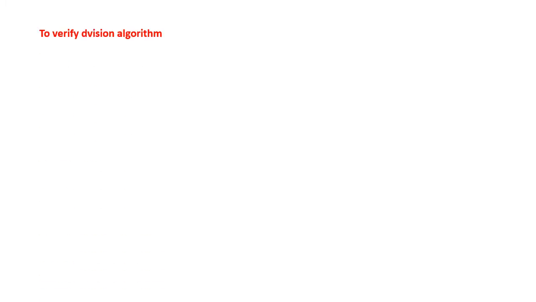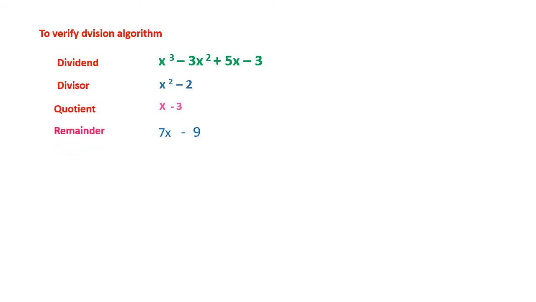Now we will verify the division algorithm. Dividend is already given in the question. Divisor is also there. We found out the quotient x minus 3 as well as the remainder 7x minus 9. Now according to the division algorithm, dividend is equal to divisor into quotient plus remainder.